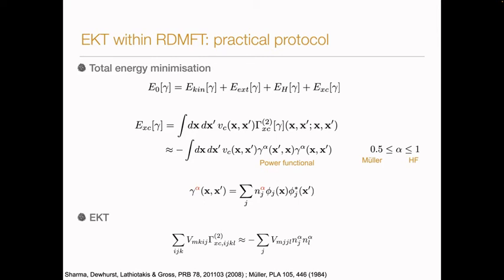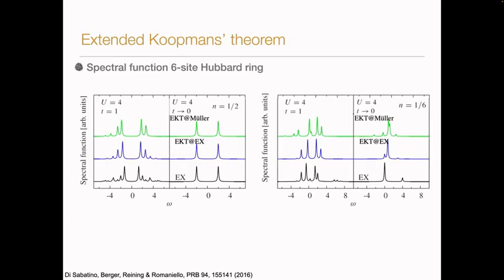All right. Okay, so when we do this, we start again from some models. So this is the case of the 6-site Hubbard ring. Again, you have the exact solution. You have the EKT using exact ingredients. So you see it works pretty well also at t = 1.